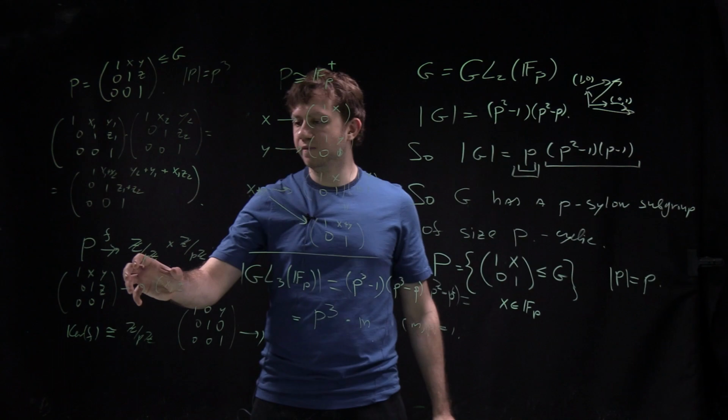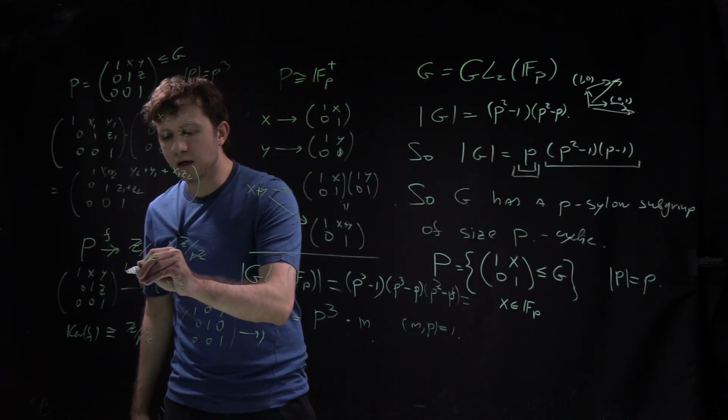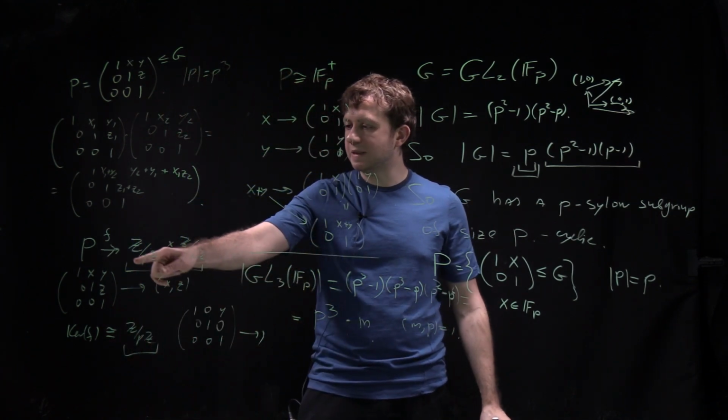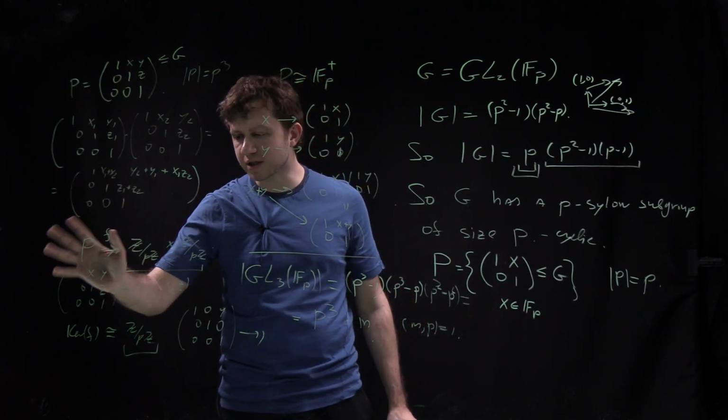So the kernel is Z over pZ, and the image is Z over pZ times Z over pZ, but P is not abelian.